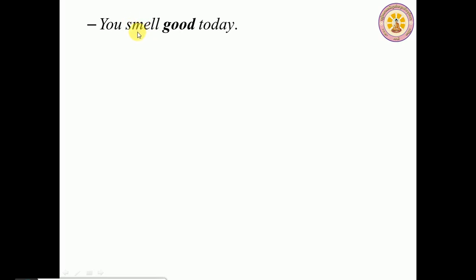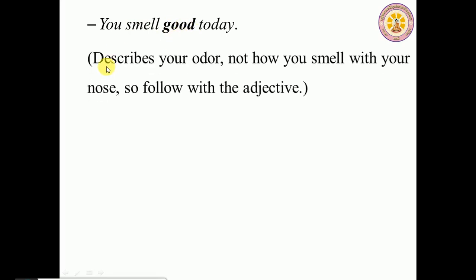So after a linking verb we can use an adjective, not an adverb. It describes your odor, not how you smell with your nose, so it is followed by the adjective.